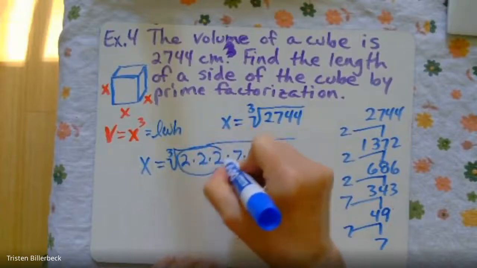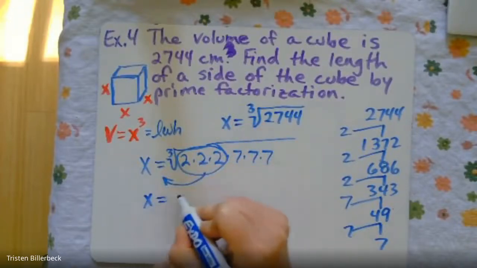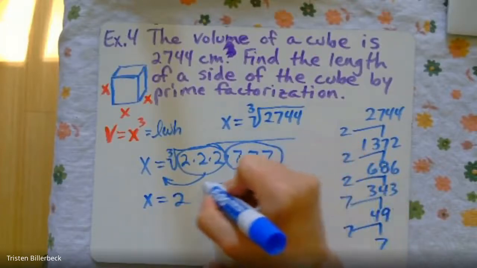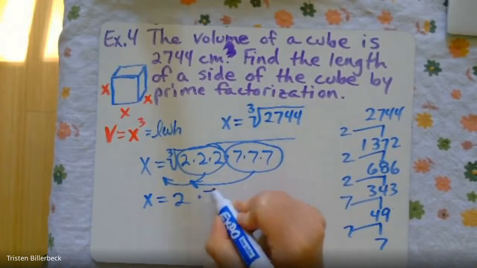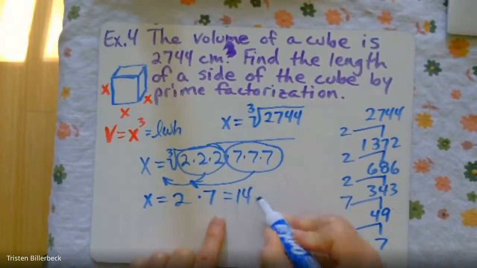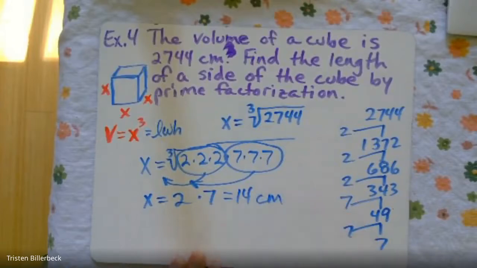So these 2s get to leave as a united front of 2. And these 7s get to leave as a united front of 7. And so 2 times 7 is 14, and the units were centimeters. We must never, ever forget units, because an inch is very different than a mile, and a kilometer is very different than a millimeter.